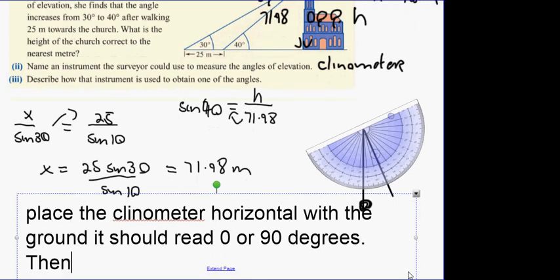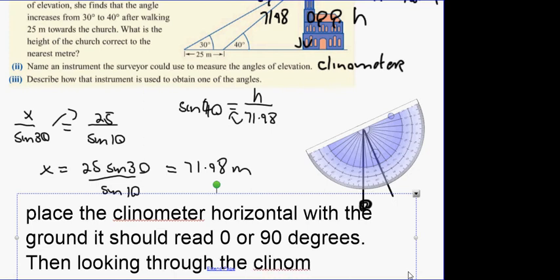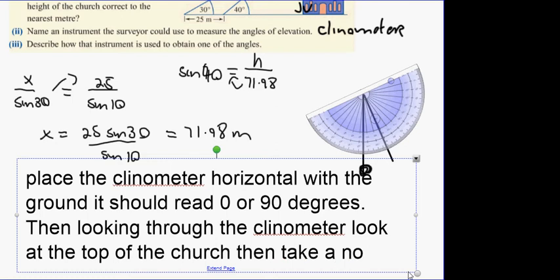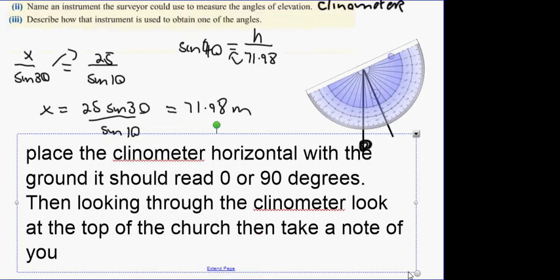Then looking through the clinometer, look at the top of the church, then take a note of your new reading of angle.